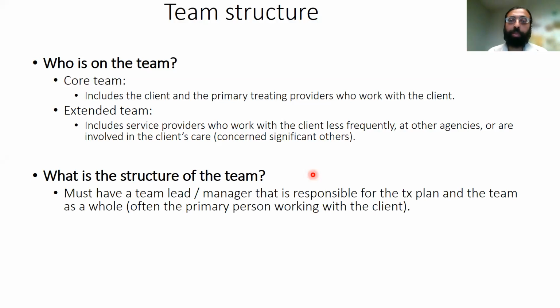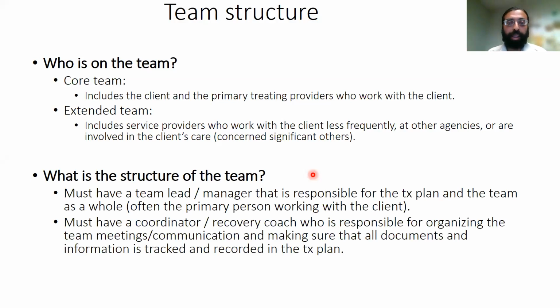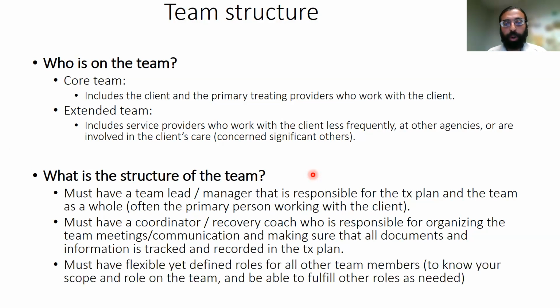And this person is often the primary person working with the client, right? A coordinator or a recovery coach who can help organize team meetings. Communication can also be very important.